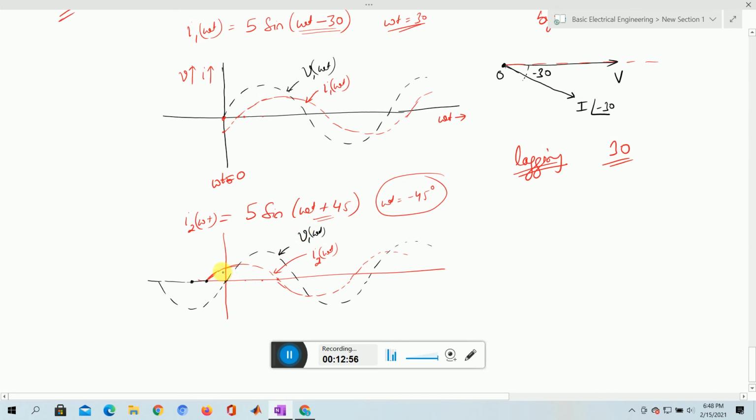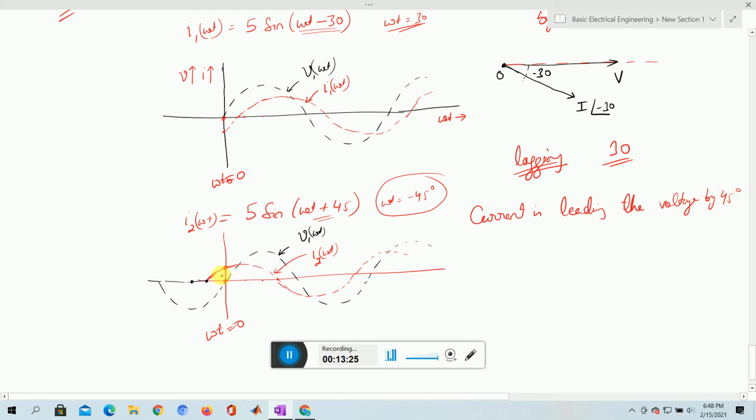From here we get the value of I2 at t equals 0, or omega t equals 0. What we observe is that the current has some value when the voltage is 0. That means the current is ahead of the voltage, and we can say the current is leading the voltage by 45 degrees.